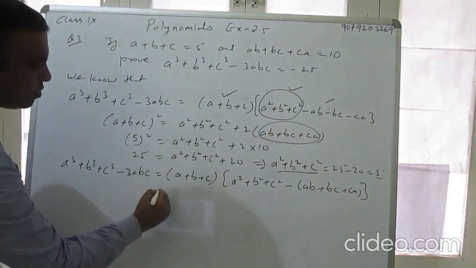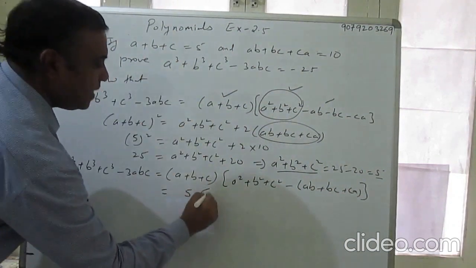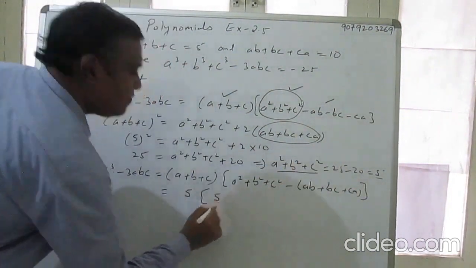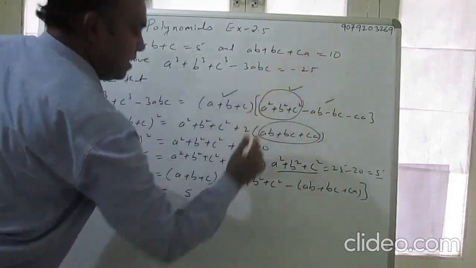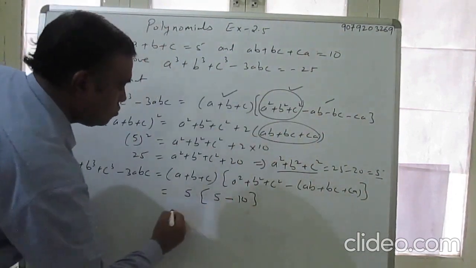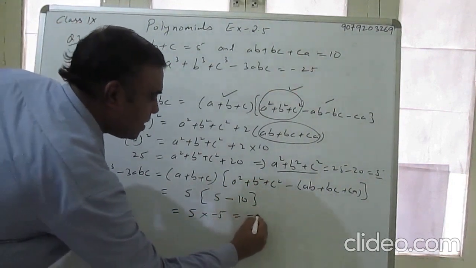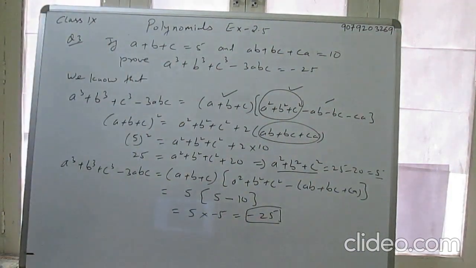Now putting the values, a plus b plus c is 5, bracket a square plus b square plus c square we calculated 5, minus, what is the value of this? 10. So 5 into minus 10 is minus 5, so it is minus 25. So this we will prove.